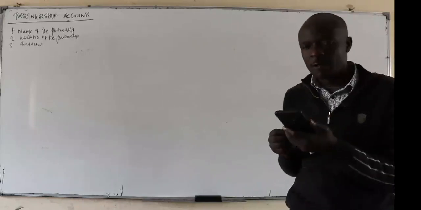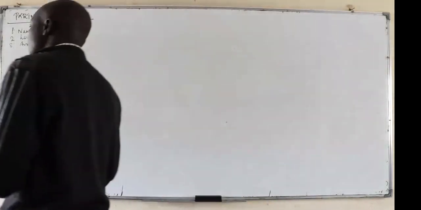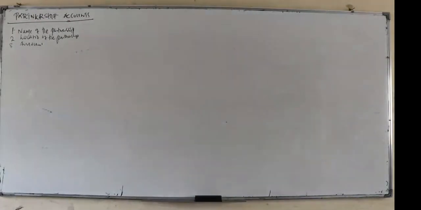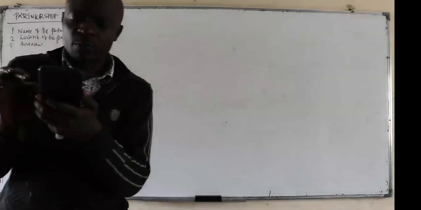Number four, a ratio of sharing profit and losses. Next, drawings to be made by partners.